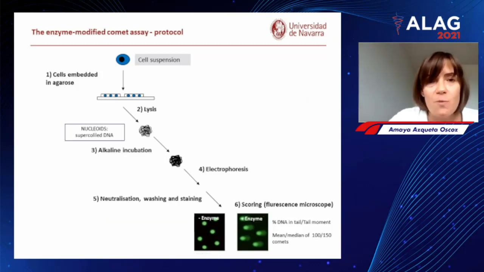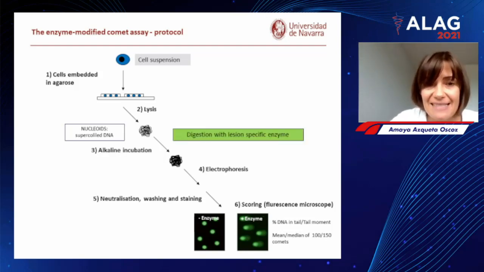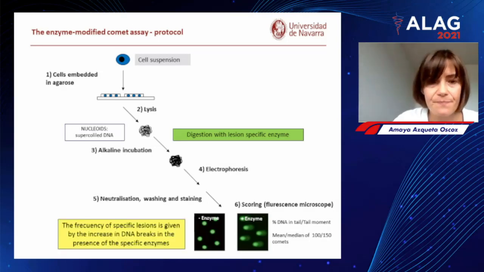The protocol of the enzyme-modified Comet assay is very similar. After the lysis, the nucleoids are digested with lesion-specific enzymes. These enzymes will introduce breaks at the site of the specific lesions. And the frequency of a specific lesion is given by the increase in DNA breaks in the presence of the specific enzyme.